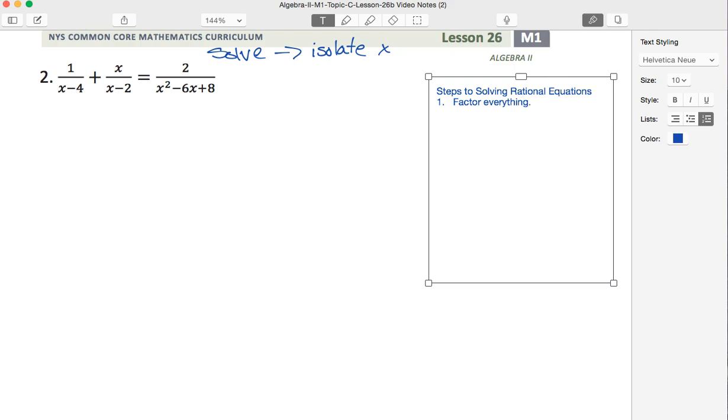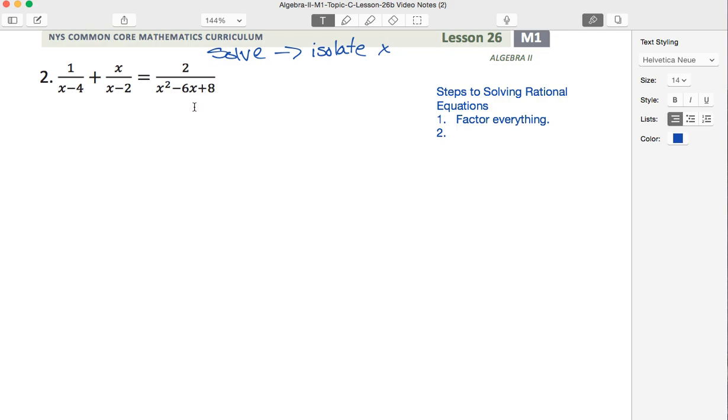You need to factor anything that you can in the numerator and denominator, and if there's a greatest common factor, factor that out as well, because this is going to reveal certain factors that we can use for our denominator or for our solving.